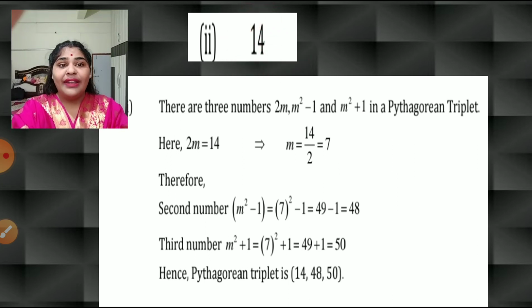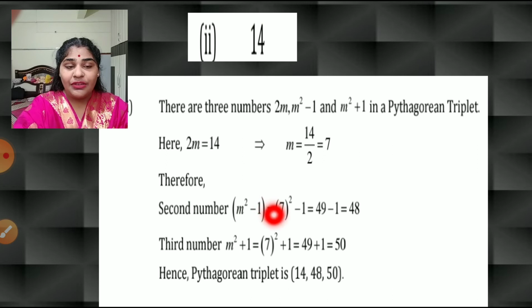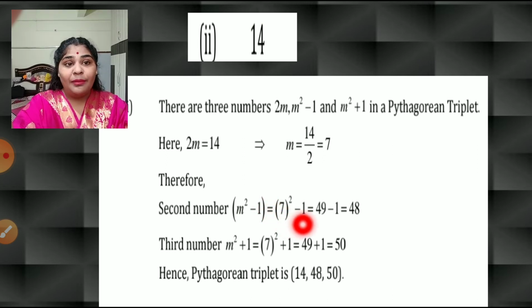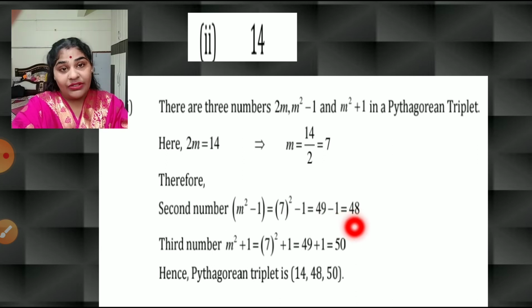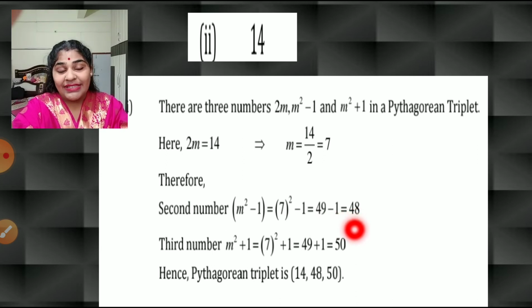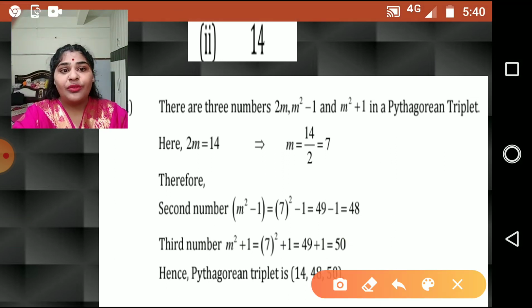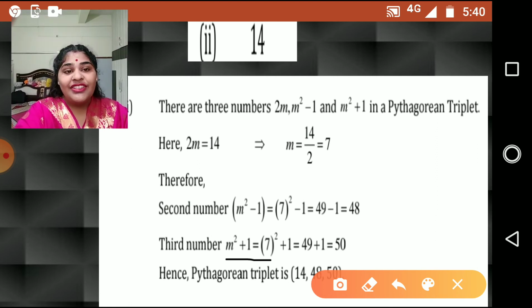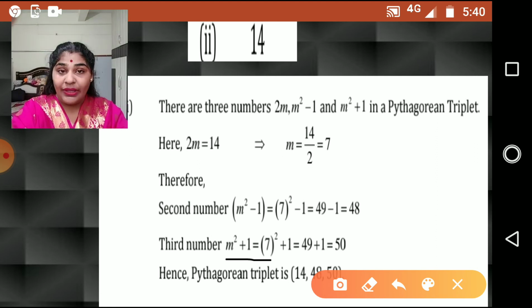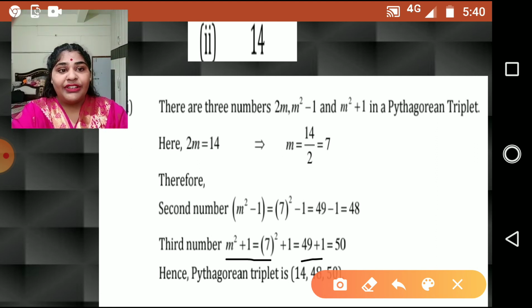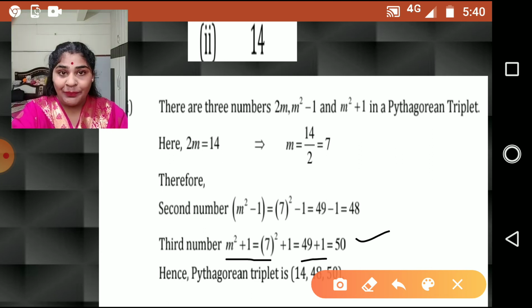So m square minus 1 is equal to 7 square minus 1, which is equal to 49 minus 1, which is 48. So the second number is 48. Now let us substitute the value of m in the next, that is m square plus 1, which is equal to 7 square plus 1, that is 49 plus 1 is 50.